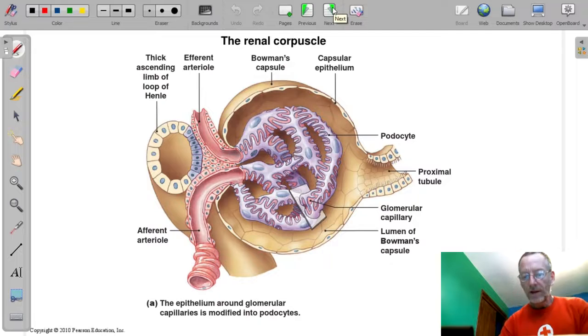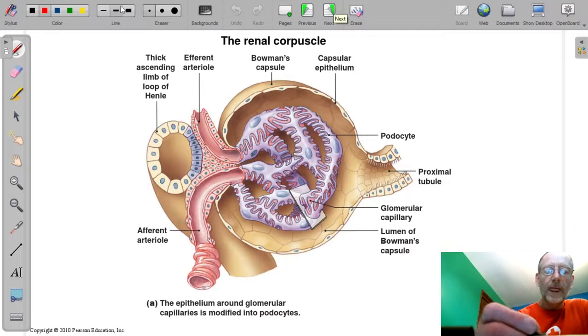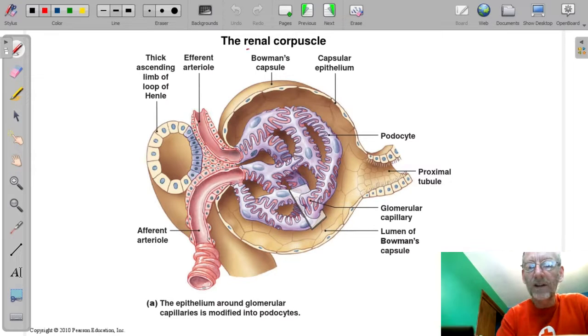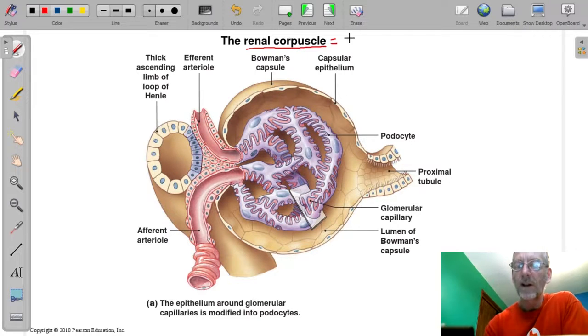Okay, so here we're zeroing in on the renal corpuscle. And a renal corpuscle is just the glomerulus, these glomerular capillaries. Glomerular capillaries, I'll abbreviate capillaries as just caps.